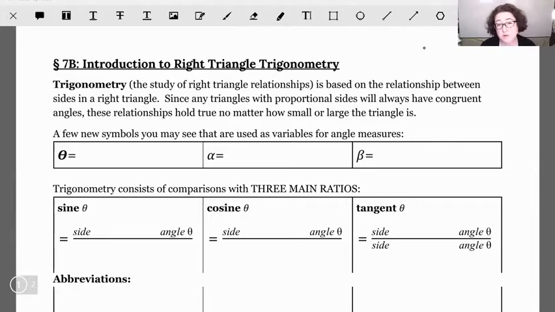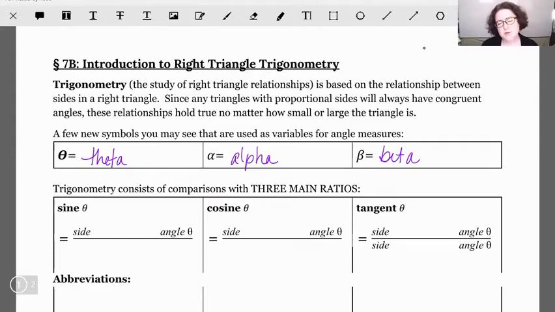The first looks like a circle with a cross through it, and that's technically called theta. That lowercase a looking thing is alpha, and that fancy B is called beta. You might see other Greek letters used in future math classes or in science class to stand for constants as well. It just gives us another variable to use instead of X or Y.